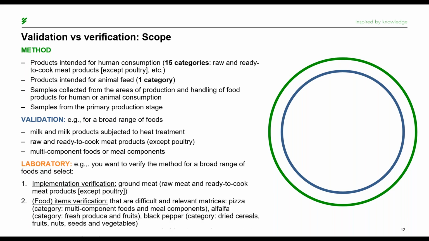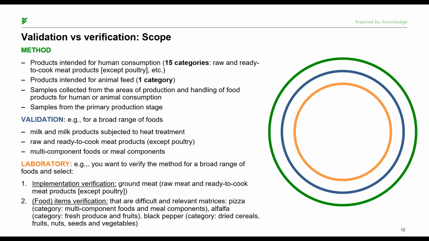This is very important, within the scope of the method. And therefore, the scope of our laboratory, if we want to verify a broad range of foods, we should select for the first verification, the implementation verification, a product within the scope of the validation, which could be minced meat, an item that is within the raw meat category.